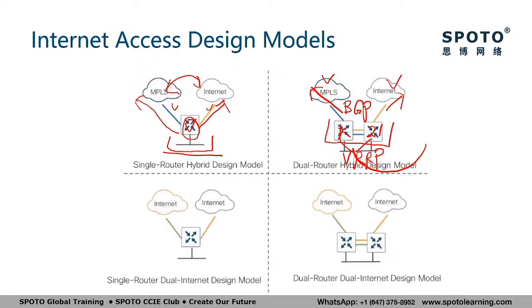We can run this type of VPN tunnel through the public internet to simulate the MPLS circuit. That's why in this design, we can have the single router dual internet design model. Have 2 internet circuits, one from ISP A, the other from ISP B, for diversity and resiliency.